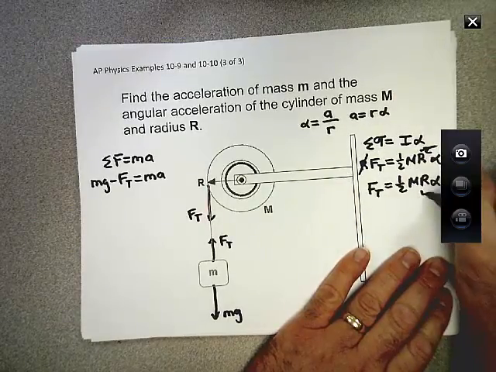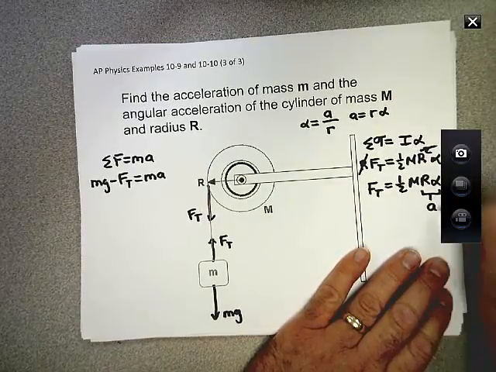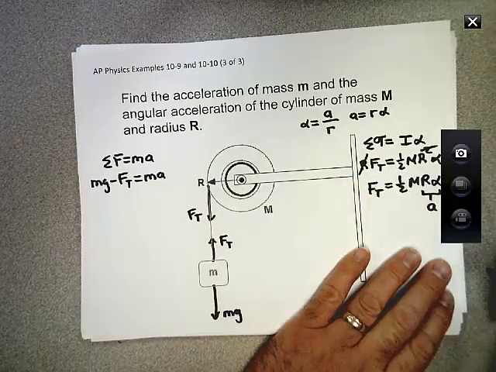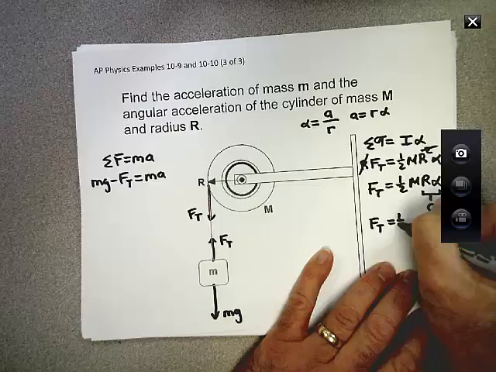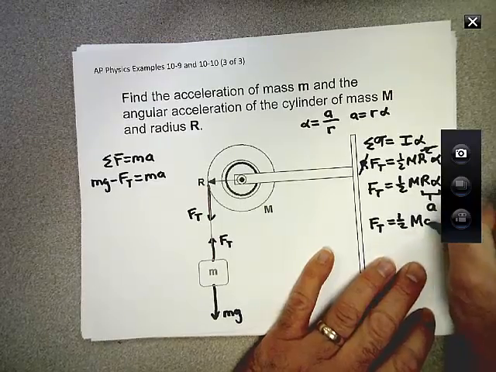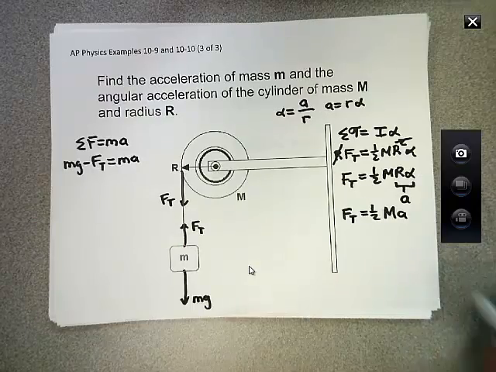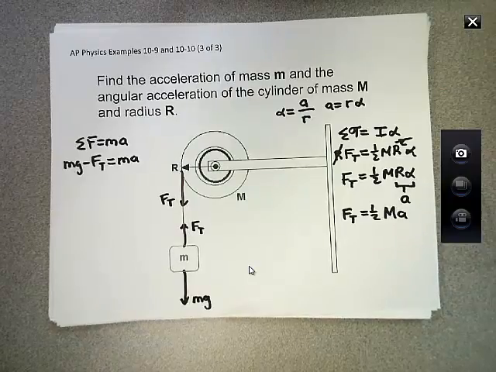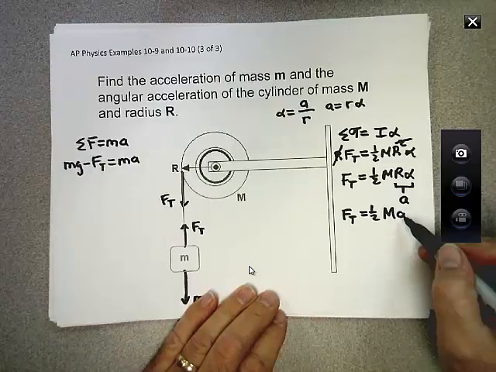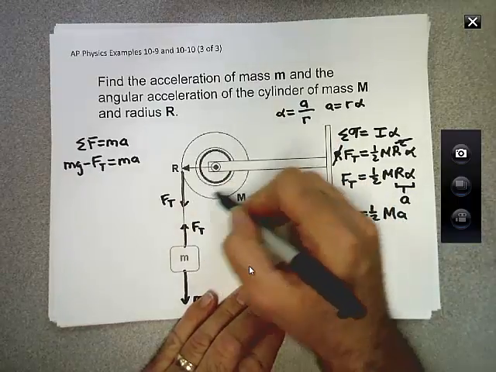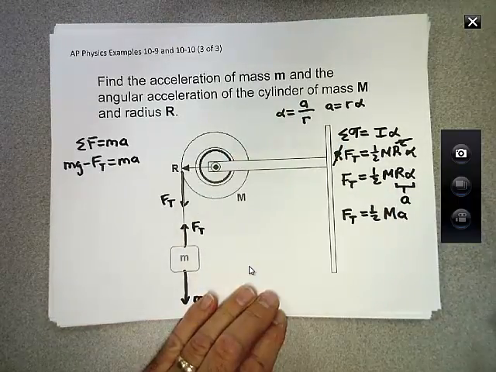So this r times alpha here is the linear acceleration of our cylinder. So I'm going to say F of t equals 1/2 m a. So the tension in the string would have to be equal to 1/2 the mass of the pulley times this acceleration, the tangential acceleration of the pulley.